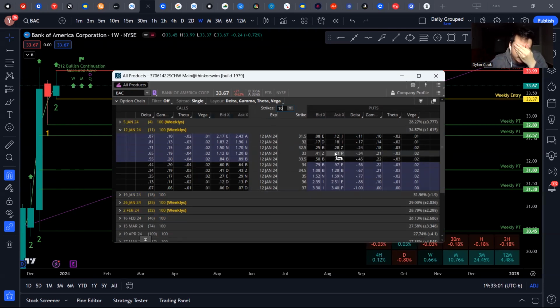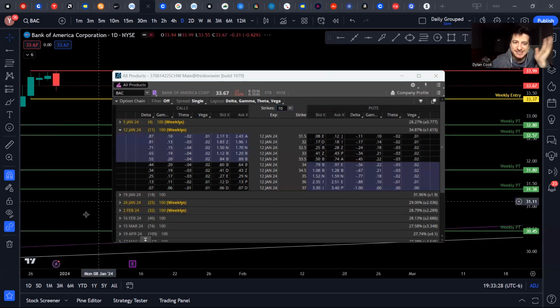What was it? It was like 34, and now it's 43. And now the delta's 34. We love it. Basically, if this thing moves $1, you're pretty much going to get 100% return on this, being at the money. Hallelujah.